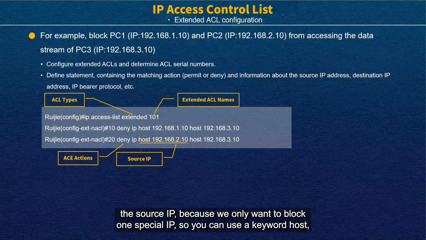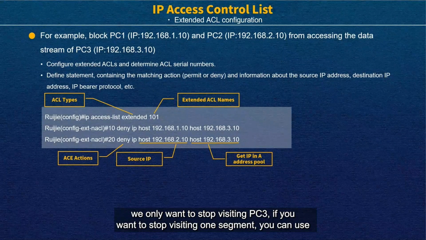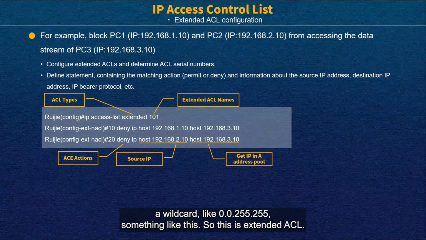Because we only want to block one specific IP, you can use the keyword host 192.168.2.10, and then the destination, to stop the other one, the IP in an address pool. Of course, now we only want to stop access to PC3. If you want to stop a whole segment, you can use a wildcard like 0.0.0.255, something like this. So this is extended ACL.